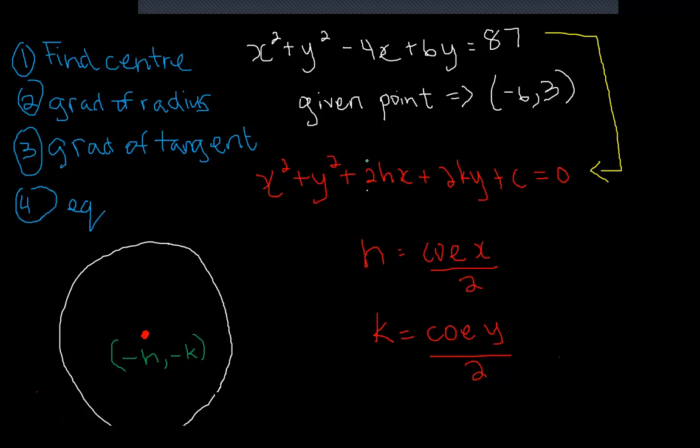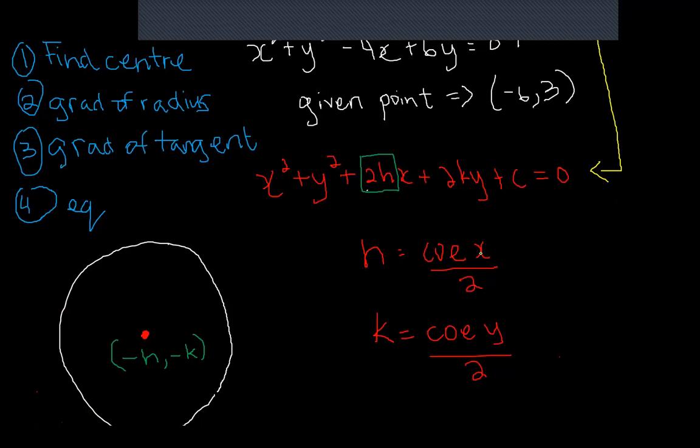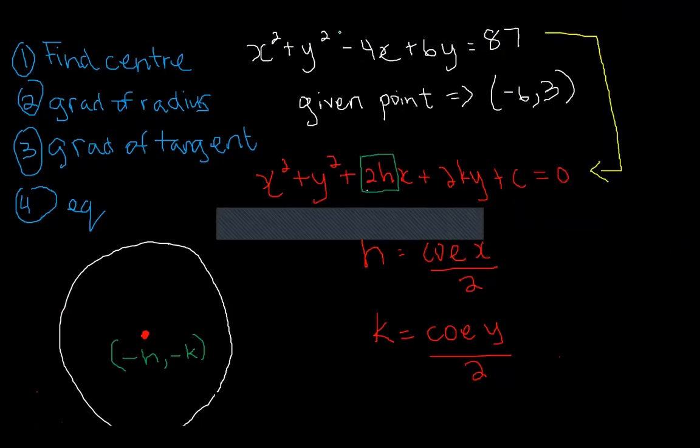For the general form, it will be 2h. But in our example, in the past paper question, the coefficient of x is the number that comes before x. So in this case, it's minus 4.